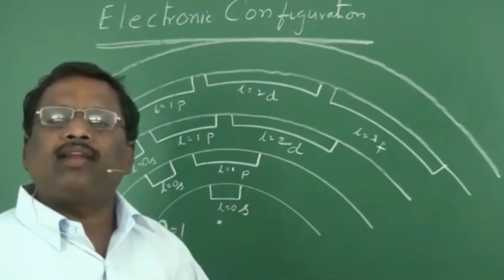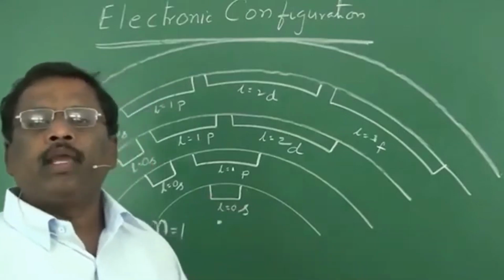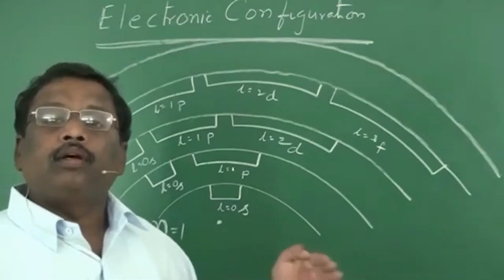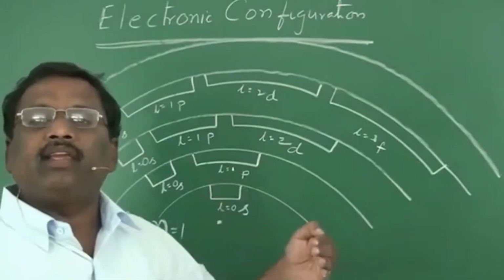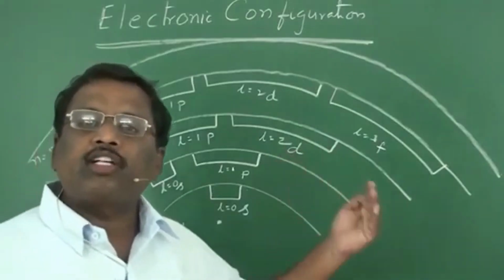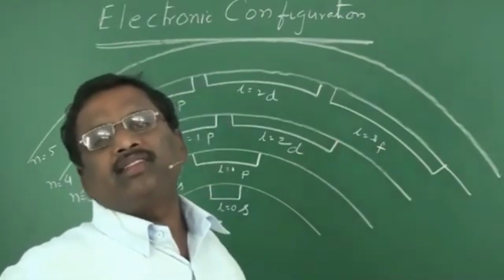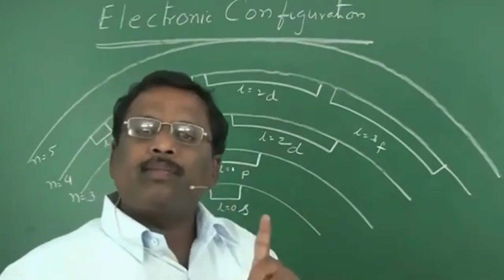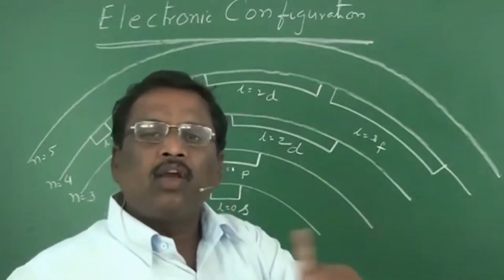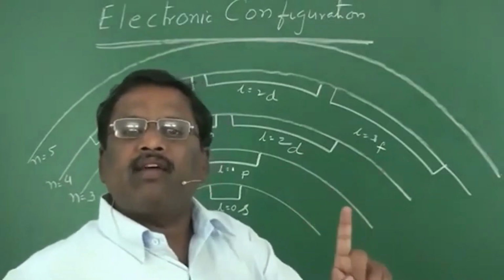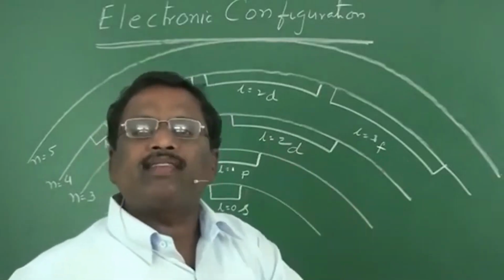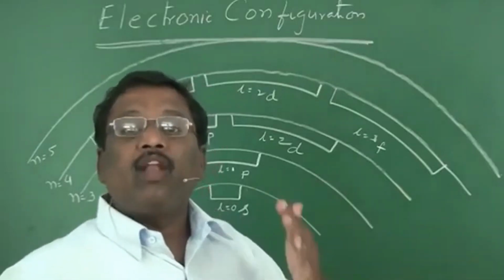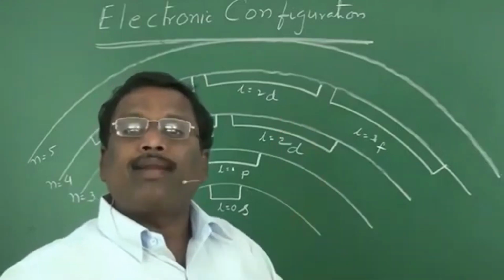That's why l equal to 1 starts from the second energy level, l equal to 2, the d sub-energy level, starts from the third energy level, and l equal to 3, the f sub-energy level, starts from the fourth main energy level, and so on. In the first energy level, we have only one sub-energy level, that is 1s. 1p is not there. In the second energy level, you have 2s and 2p. There is no 2d, because l value must be at most n minus 1.